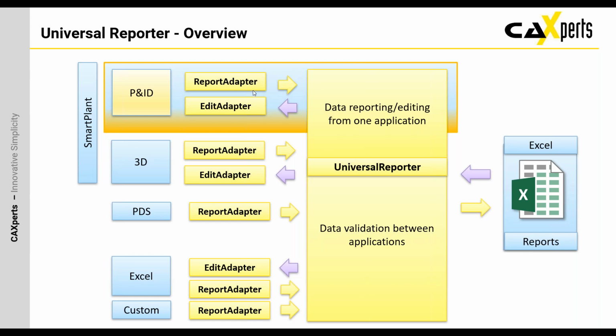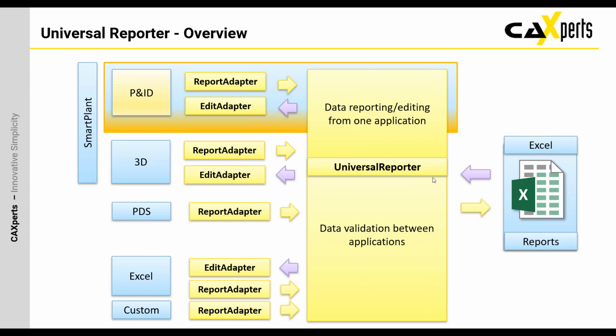As you can see here, we have these arrows going from left to right. This means this is the extract part. Data is extracted and a snapshot is generated. But for some applications, we also have an arrow going back in the other direction. And this means that here we also have an edit adapter, which is able to change data in the authoring tool.